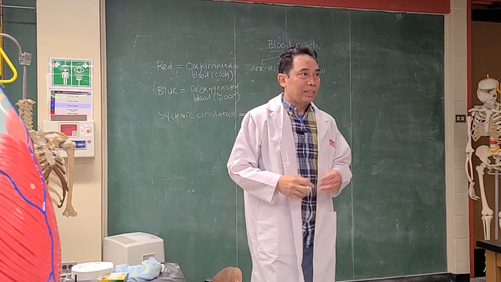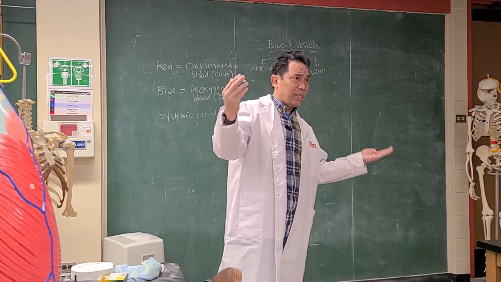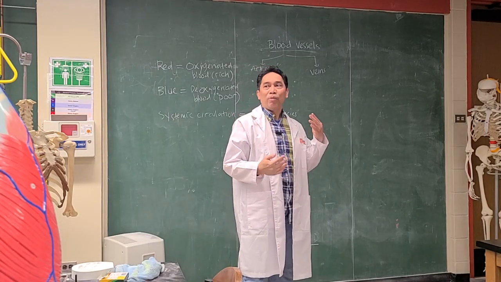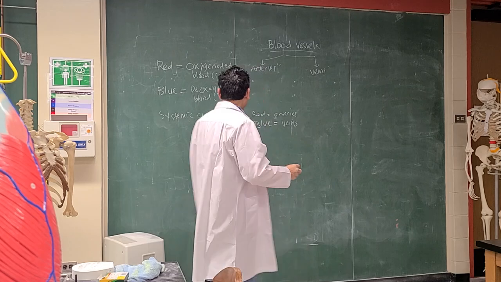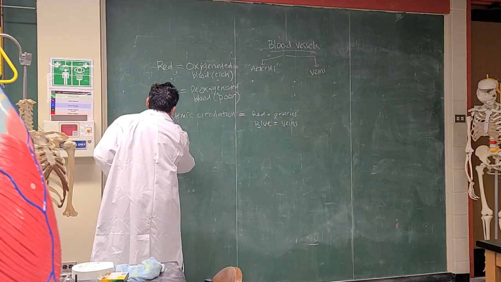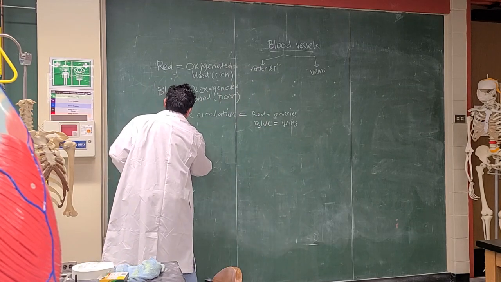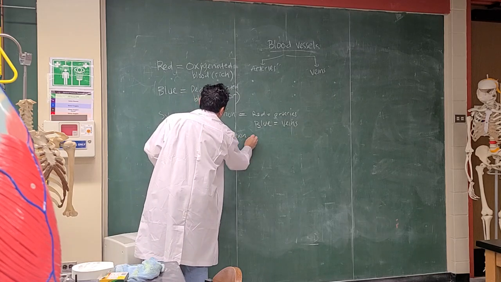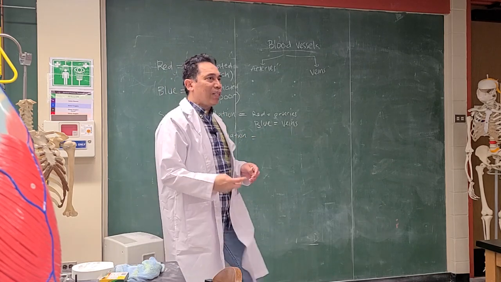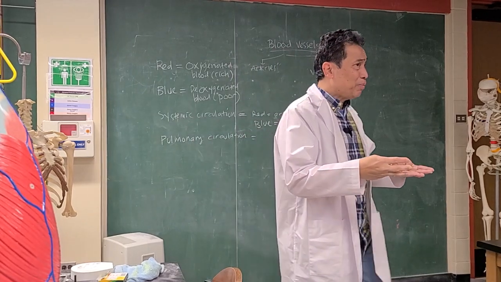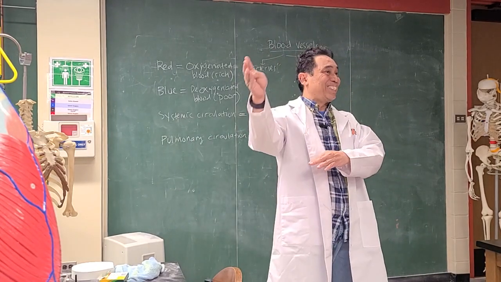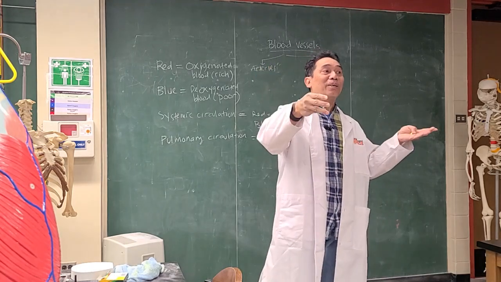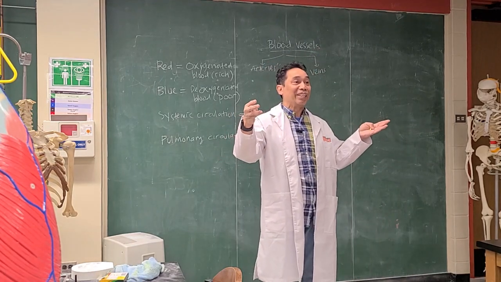Okay, this is important information for you. When you read the textbook or the model, you should know what red means and what blue means. Now, in the pulmonary circulation, remember, pulmonary circulation carries the blood from the heart, which is very poor blood, to the lungs in order to get oxygen. Now, what is the color of the artery going to be for the pulmonary circulation?